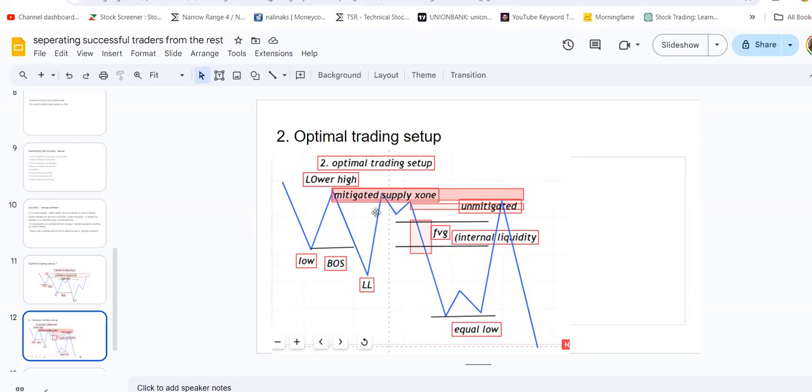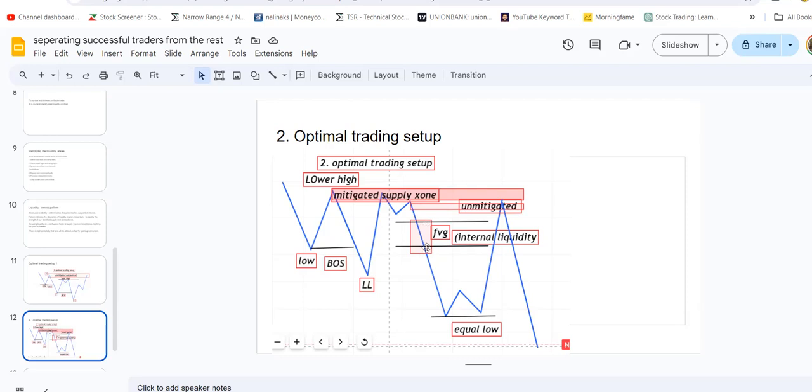After making an up move, it makes a lower high, forming another order block. That becomes an unmitigated one.